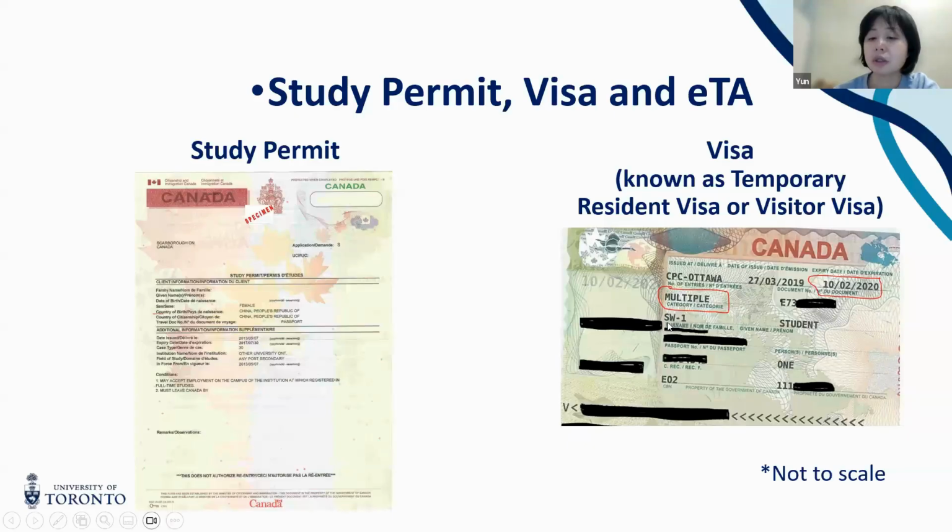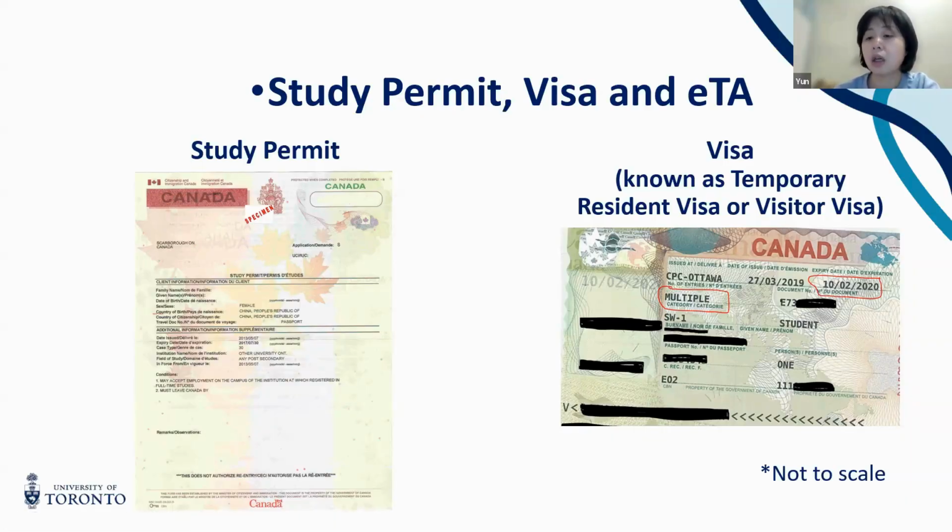Or you would also see S-1, and that means that a student holds a study permit. So their program may not have a co-op component, which is why they are only issued a study permit. Or you could also see V-1 here. It generally means that it's a visitor visa.